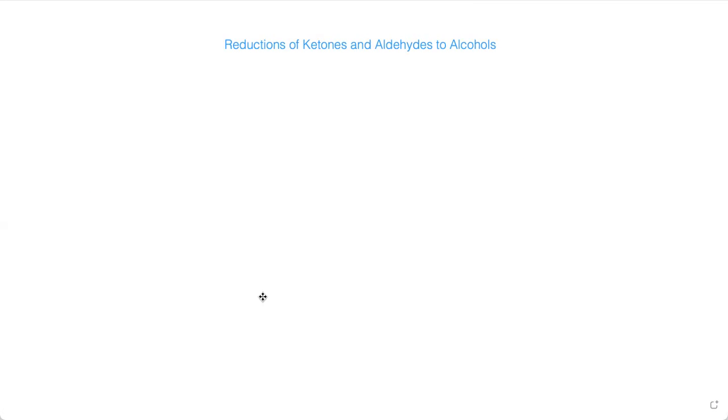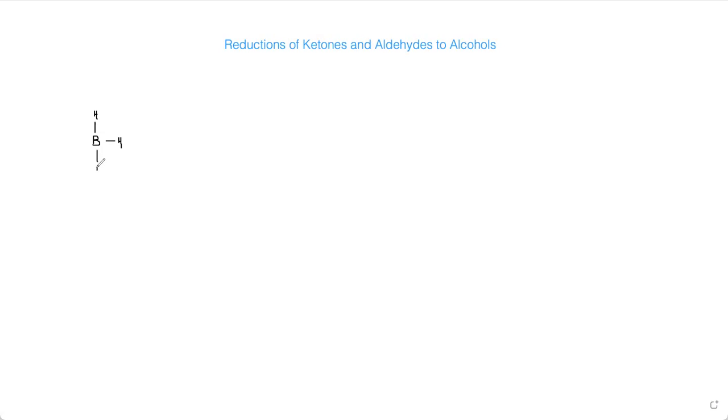The first important reduction reaction works for both aldehydes and ketones. For the sake of this example, I am going to write up the mechanism with an aldehyde. So I'll just start drawing here, but the important aspect of this particular reduction is the reagent sodium borohydride, which is NaBH4.